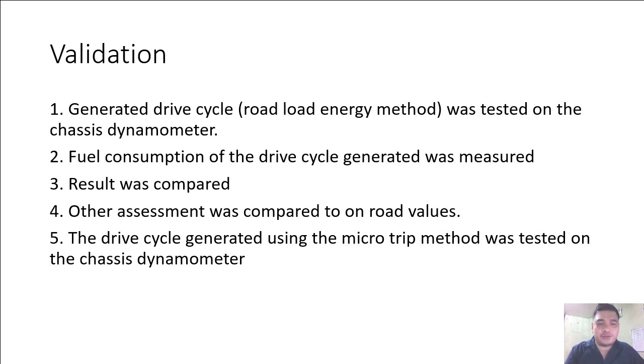Also, other assessment measures such as the average velocity, average acceleration, average deceleration, and percent idle time were compared to on-road values. Lastly, the drive cycle generated using the microtrip method was tested on the chassis dynamometer using the same procedures mentioned.